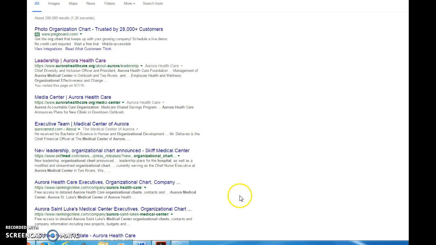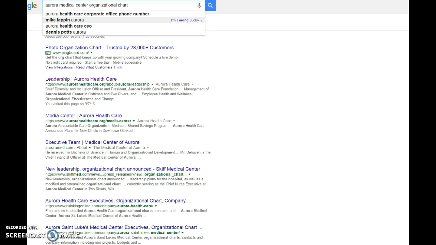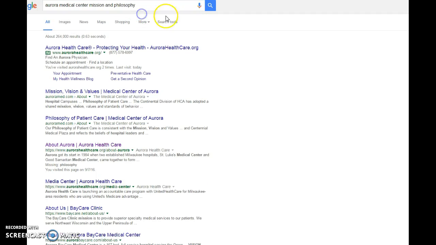And from that information, I was able to look. You can get organizational charts. You can get executives. The other thing I did with my Google search is I added their mission and philosophy. So I just typed in mission and philosophy, and that comes up easily.